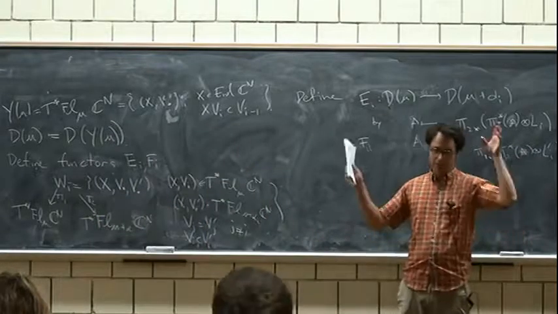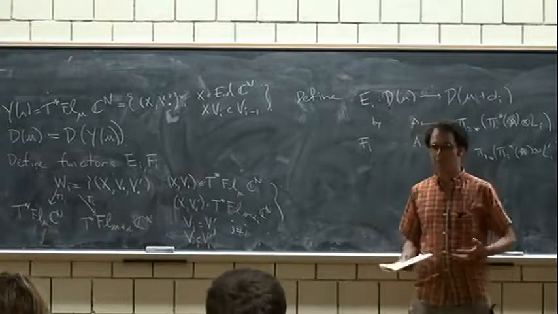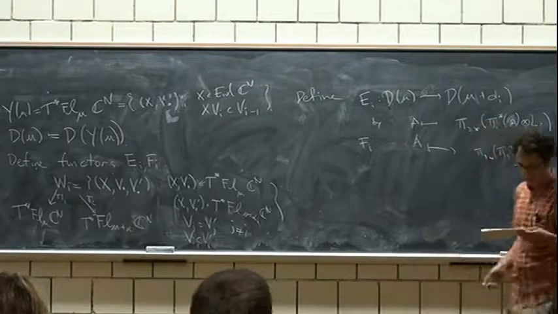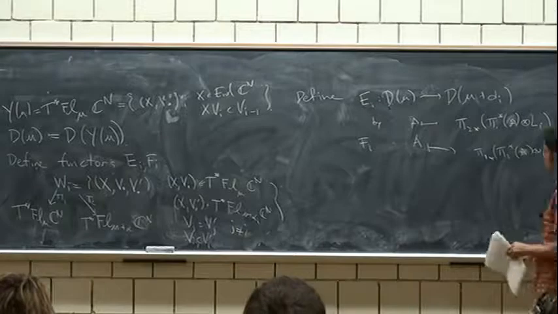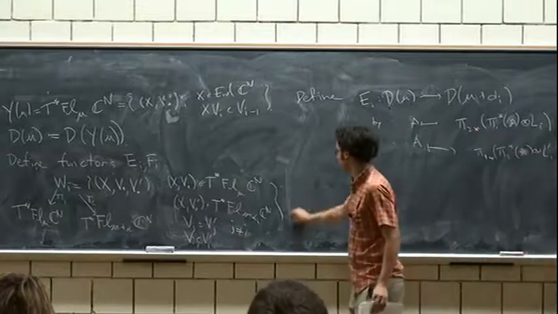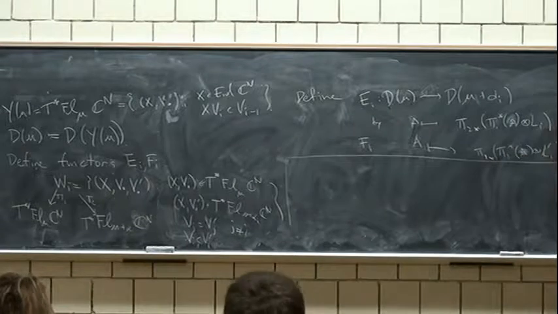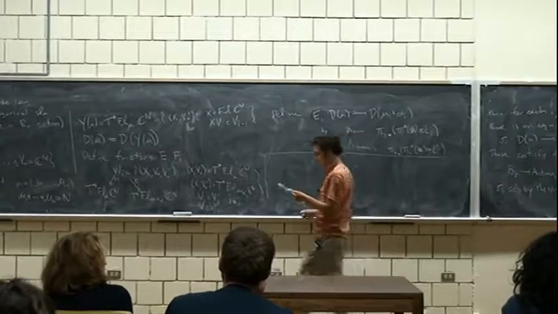And if I really want to get the two categories to act, I should now specify a bunch of natural transformations of functors. And this turns out to be kind of hard to do, and because it was hard to do, we kind of invented a different notion, which you should think of as sitting between the naive categorical action and the true categorical action. Well, maybe sitting much closer to the true side.